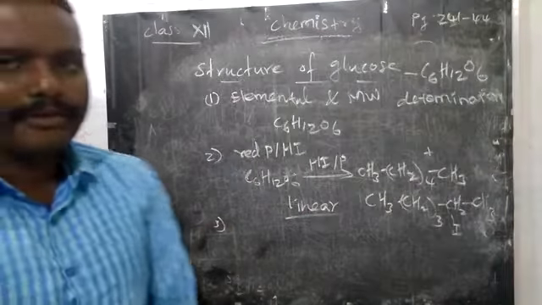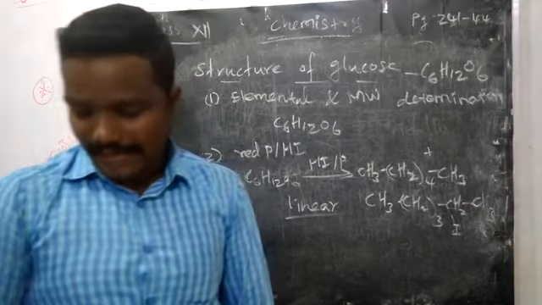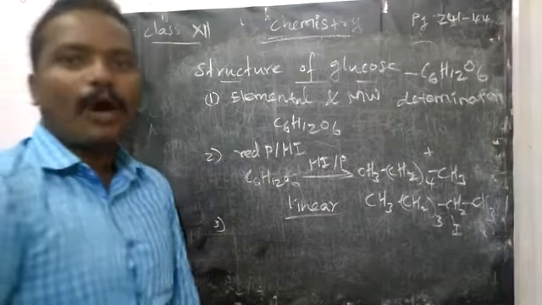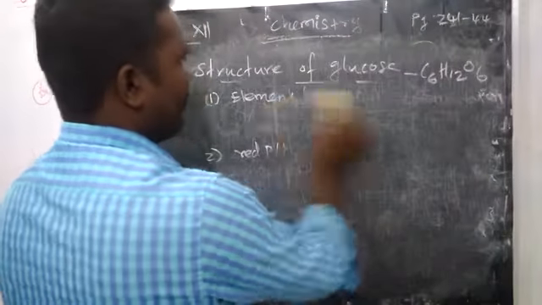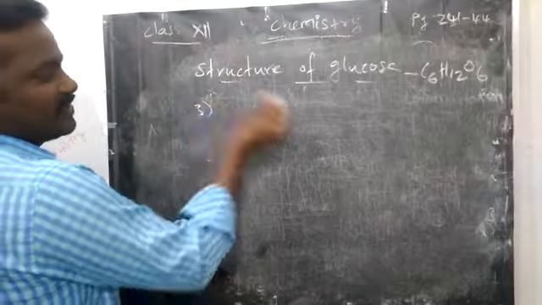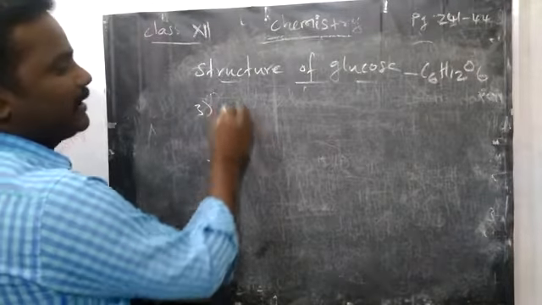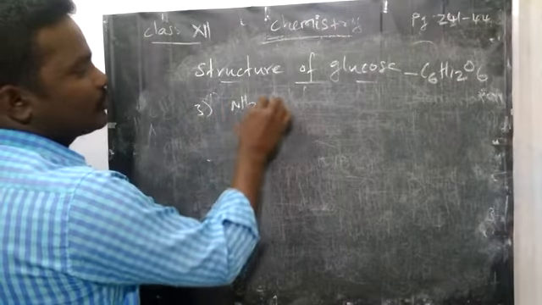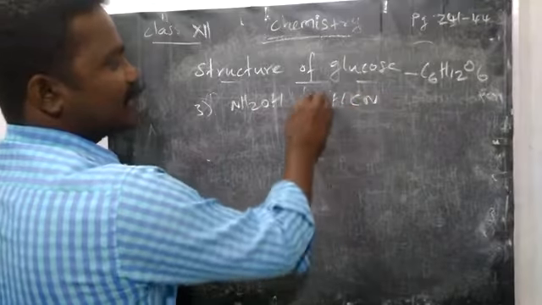What's the third point? If you treat with hydroxylamine as well as hydrogen cyanide, it gives oxime and cyanohydrin products. Third point. First we are going to treat with hydroxylamine, NH2OH, and then we are going to treat with hydrogen cyanide.